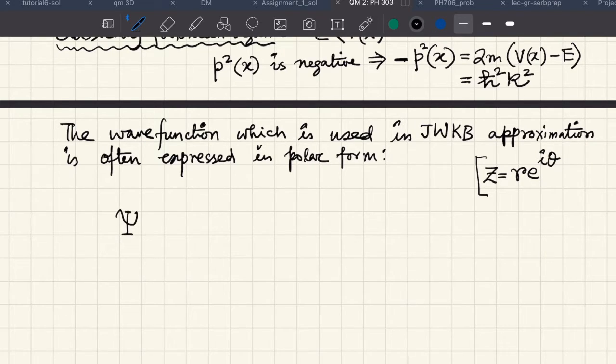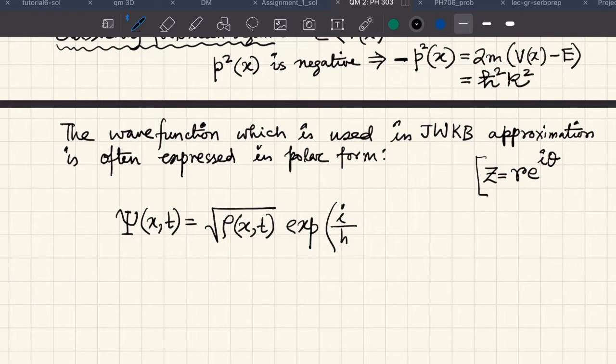So capital Ψ(x,t), function of x and t, as square root of ρ times exponential of i/ħ S(x,t). Let me write it in the three-dimensional way.